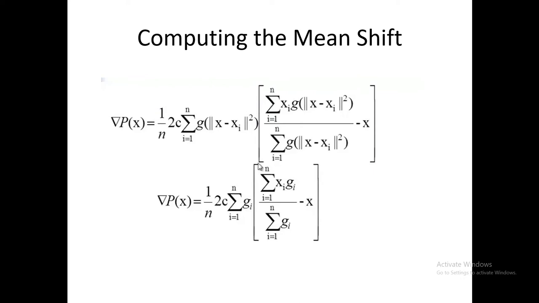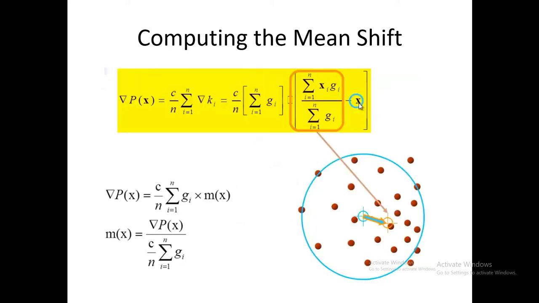Here what we obtain is the mean shift, which is the gradient of the probability density function, in the non-parametric form. So what we can say is that mean shift is the process we described. We start with some point x, and we find the mean, and we shift it and keep on shifting.